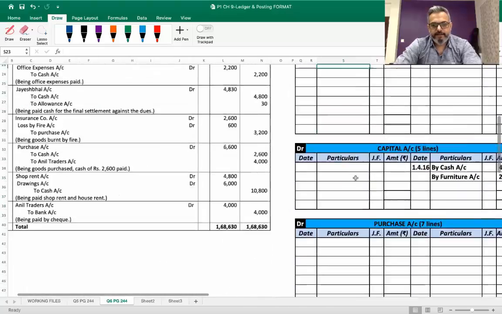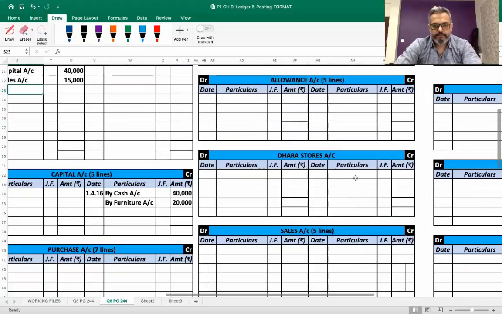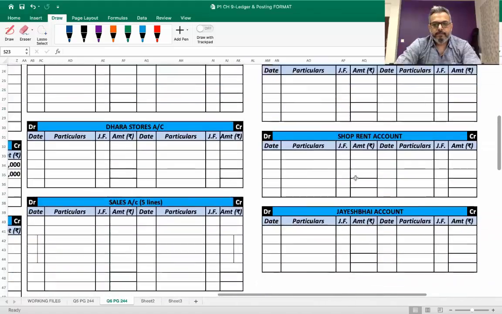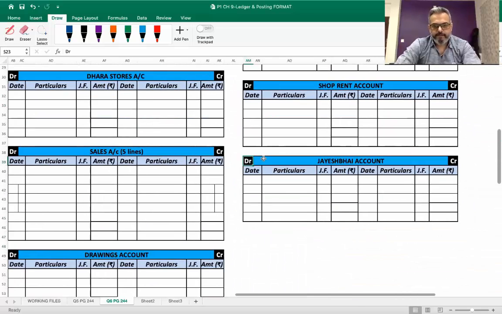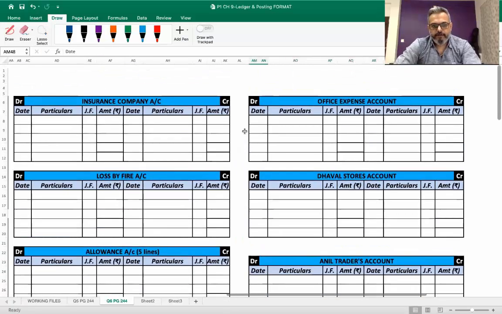Dhaval Stores 17,400. So let's locate Dhaval Stores account.